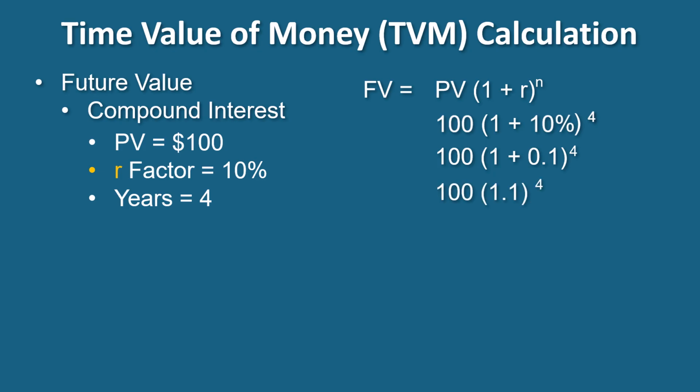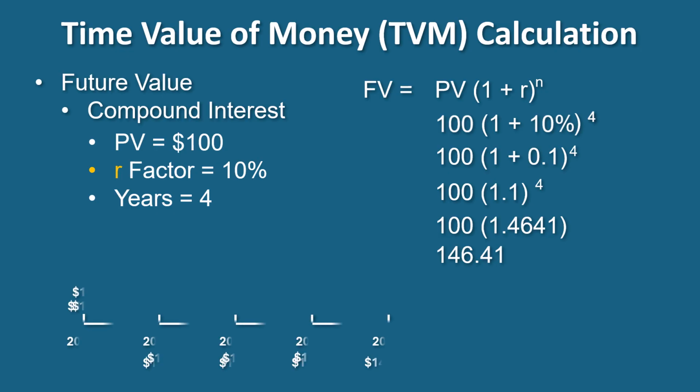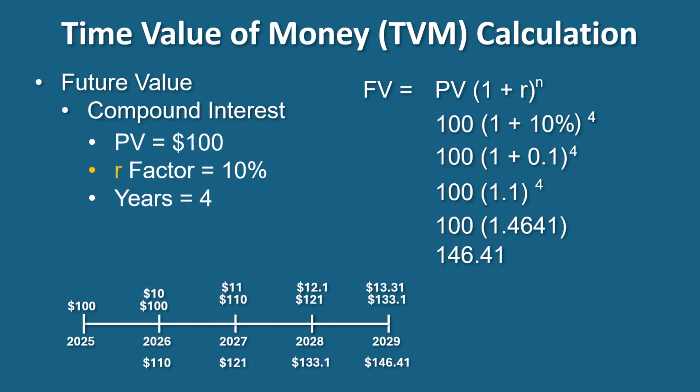Then raise 1.10 to the power of 4 years equals approximately 1.4641. Now multiply that by the present value. $100 multiplied by 1.4641 equals $146.41. So the future value using compound interest is $146.41.